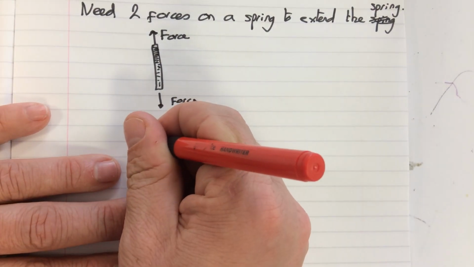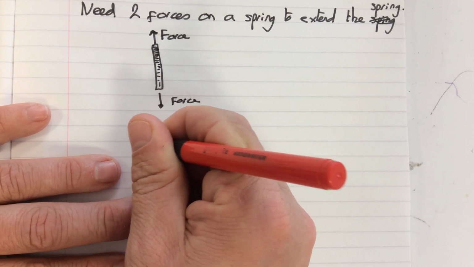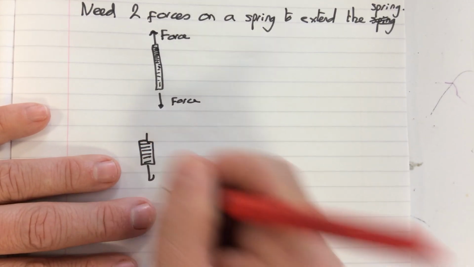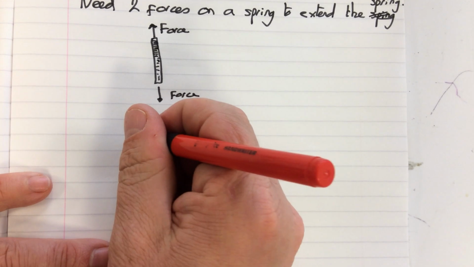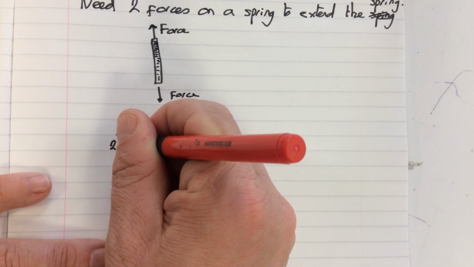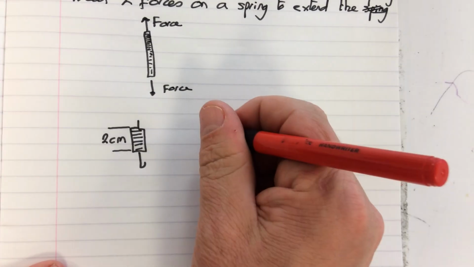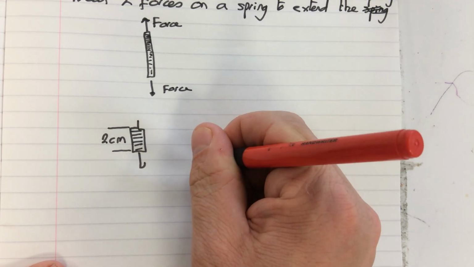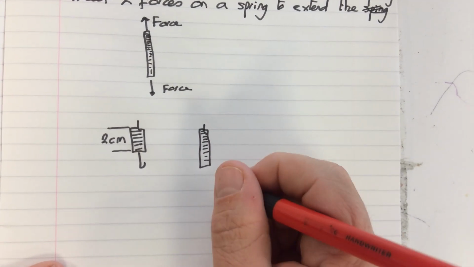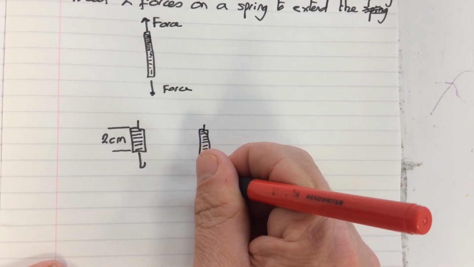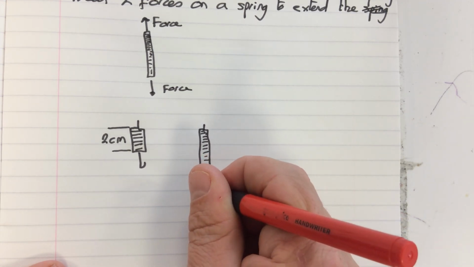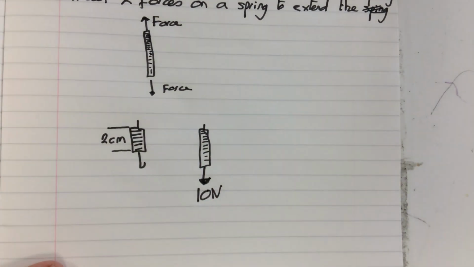So if you start off with a spring, okay? So there's a spring, and we're going to put some little weights or masses at the end of it. So let's pretend that our spring at the start, before we add anything to it at all, is 2 centimeters. Okay, now we're going to get the spring, and we've added a force to the bottom, and we're going to say we've added a 10 Newton force.